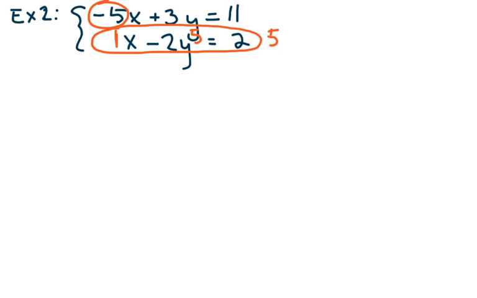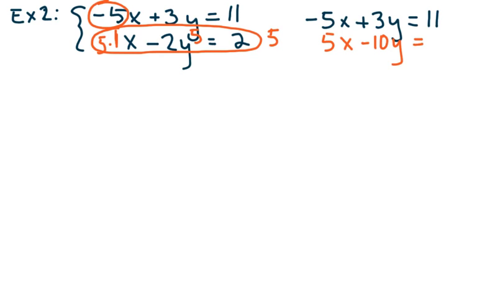If I multiply everything by 5, I'm going to copy the top problem down, negative 5x plus 3y equals 11. And now my new equation on the bottom, when I multiply everything by 5, is 5x minus 10y equals 10.